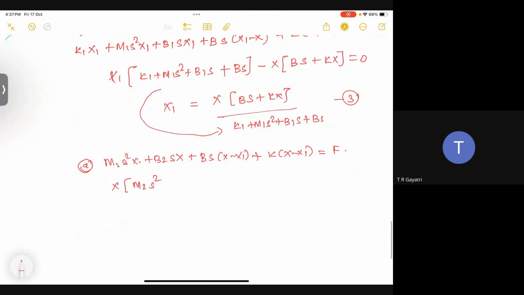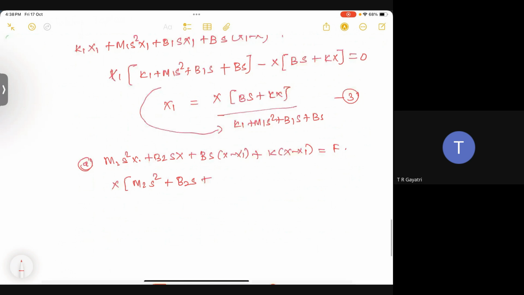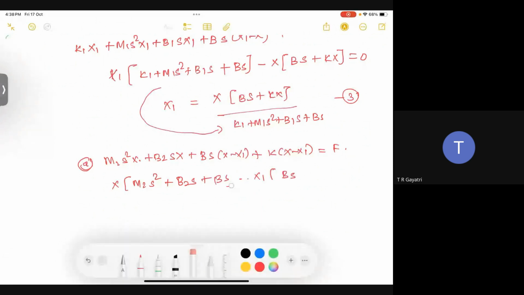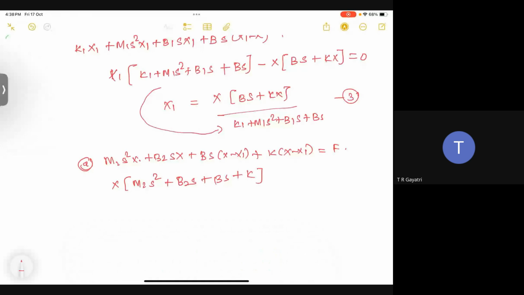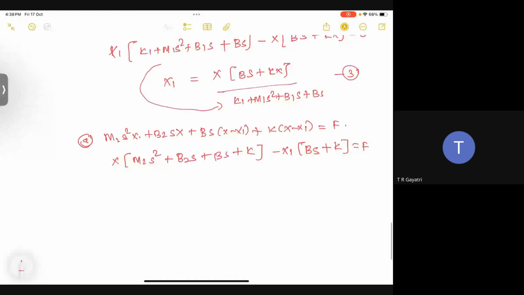Taking X common: (m2 s square plus b2 s plus b s) X minus X1 b s. Oh, okay, I missed here. Plus k, minus X1, this will be b s again plus k only, equal to F.